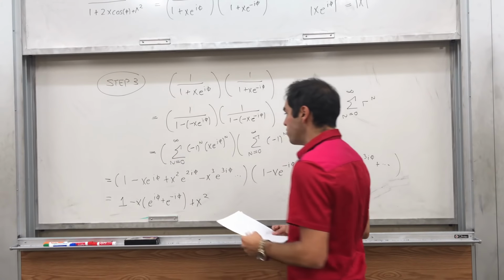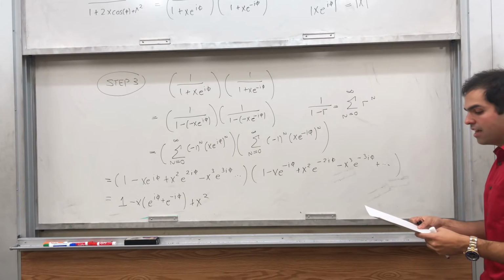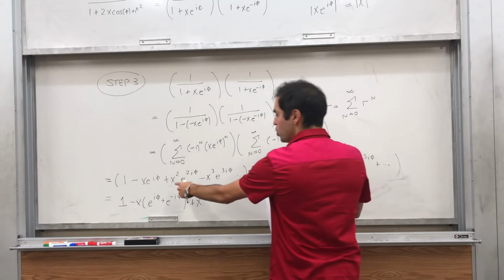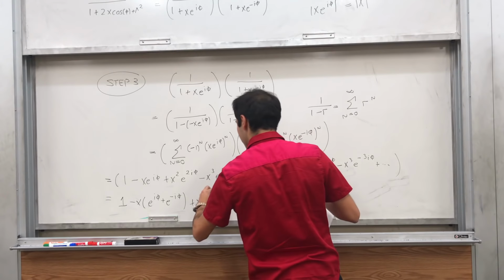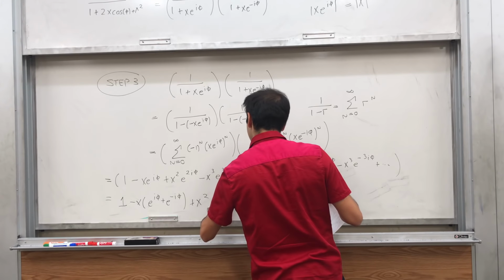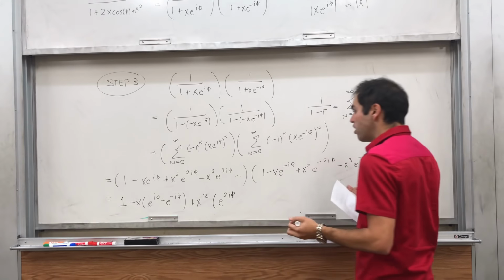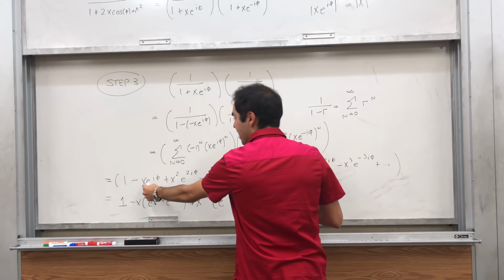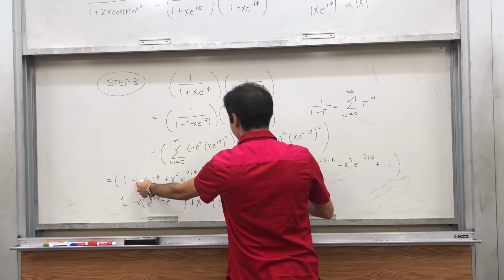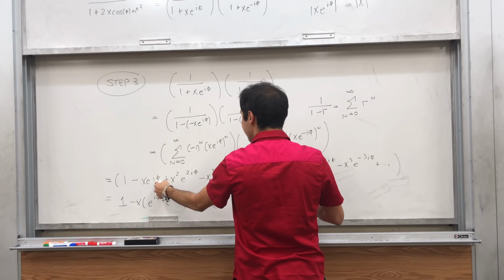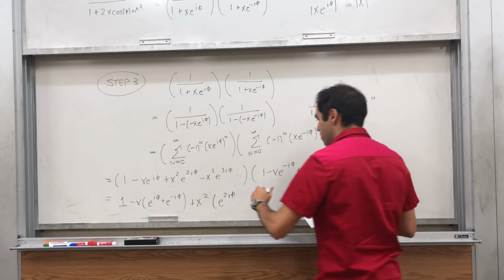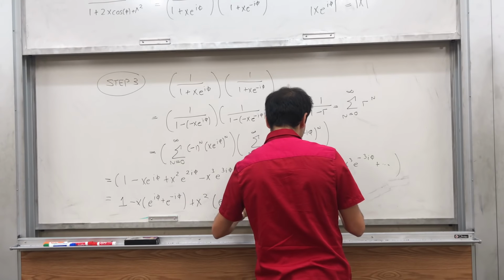Then x squared becomes slightly more complicated, because one way of getting x squared is to do x squared times 1, so e to the 2 I phi. Another way of getting x squared is multiplying x with x, so minus times minus becomes plus, e to the I phi times e to the minus I phi becomes 1, so plus 1.